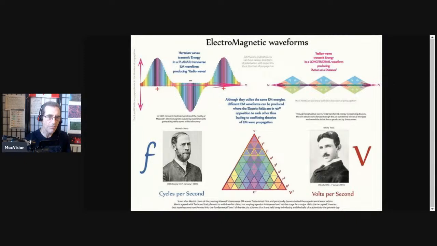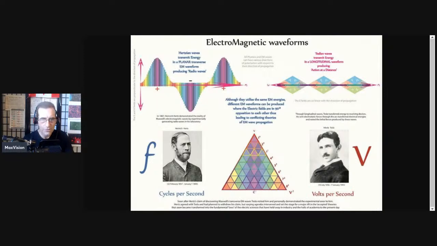So there were AM and FM radio waves that had amplitude modulation, AM, and frequency modulation, FM. We're looking at variations on that at the moment on the upper left-hand side. These are supposedly on the right-hand side here. Tesla waves transmit energy in a longitudinal waveform, producing action at a distance.